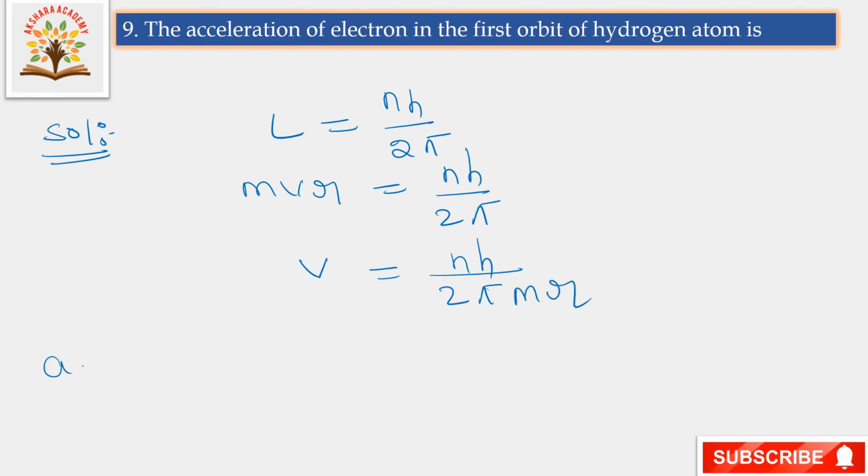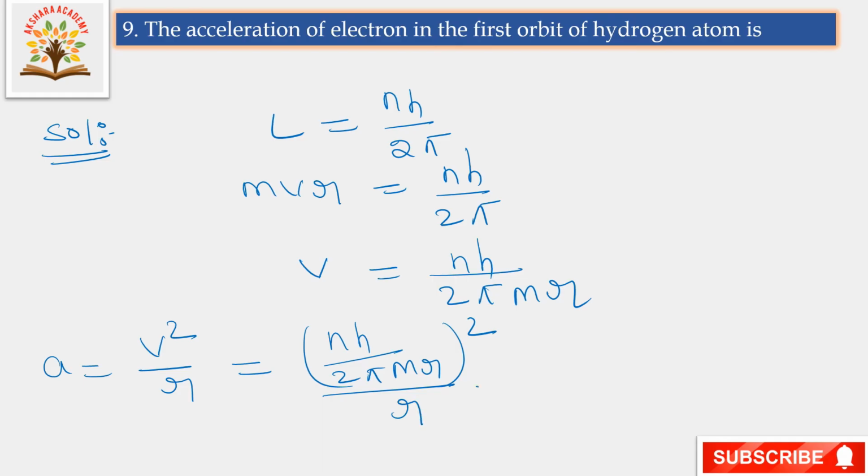Acceleration A is equal to V square by r. So that is equal to V, nothing but nh by 2 pi m r, whole square by r. So that is equal to 1 into h square by 4 pi square m square r cube.